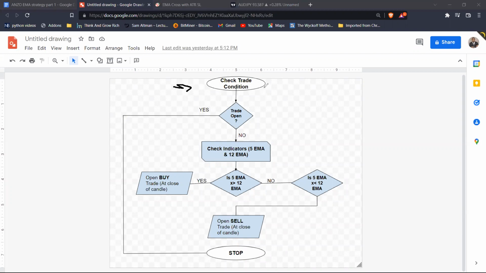We're asking: is there any trade from our EA that is open? That's what this check trade condition is. When we are optimizing this strategy, you'll see why this is important. So we're checking to see if there's any trade open. There are two options: either a trade is open, or no trade is open.